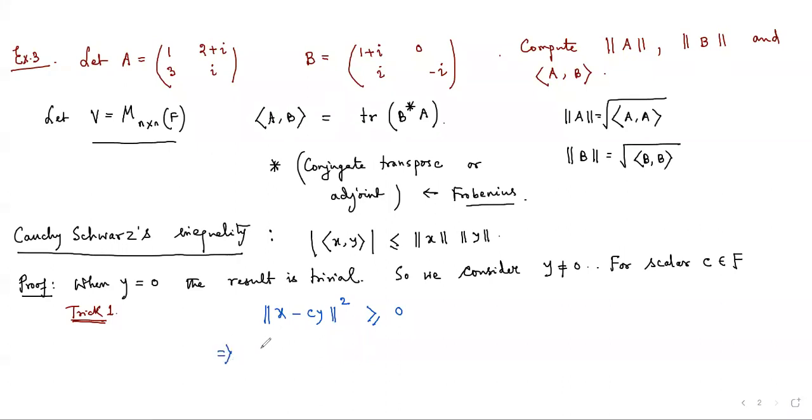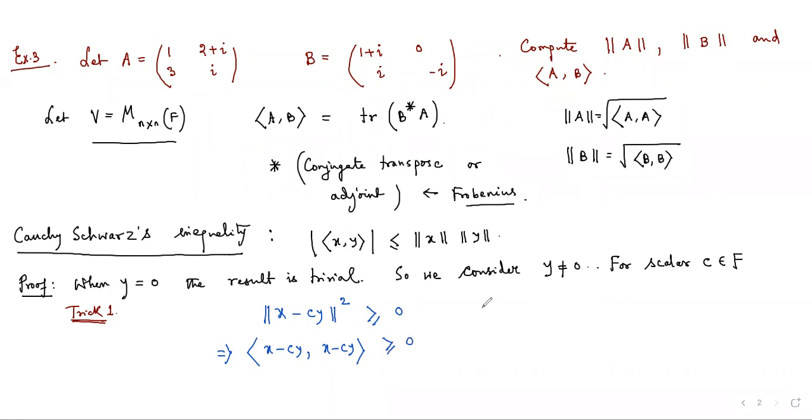Now this implies that this is nothing but the inner product of x minus cy and x minus cy. The positive square root sign will not be there because I have taken the square of the norm. This should be greater than or equal to 0.